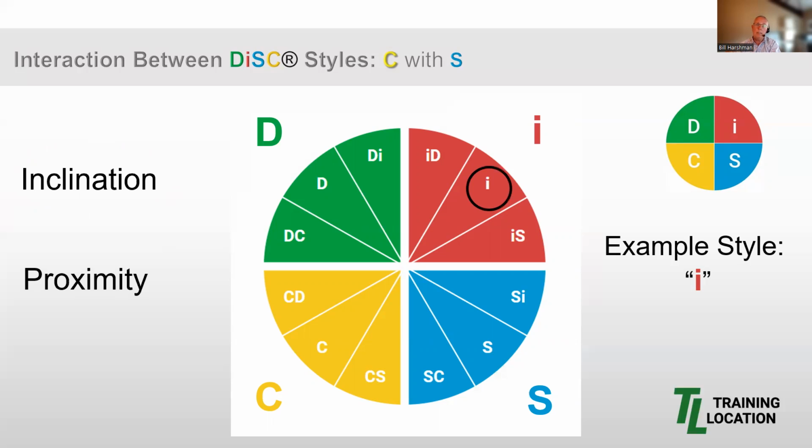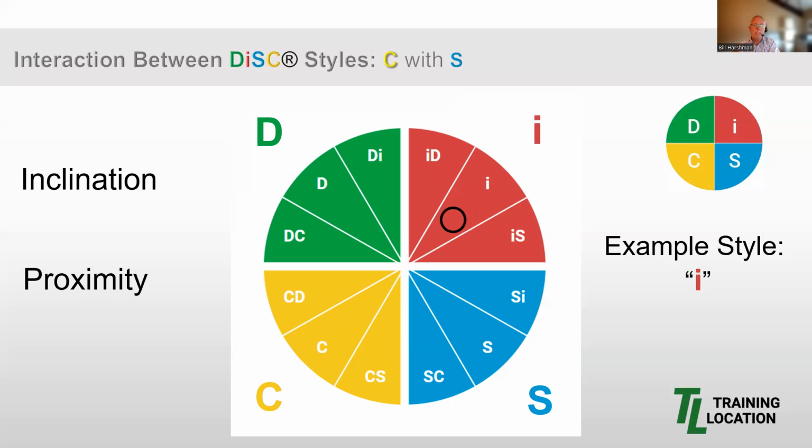A person who has a dot closer to the outer edge may have to expend more energy to stretch to behaviors outside their style. Now, a dot in the middle of the quadrant or the slice of pie indicates a moderate inclination, which means you have less than a strong style. However, your primary is still an I in this example. The inclination changed from strong to moderate.